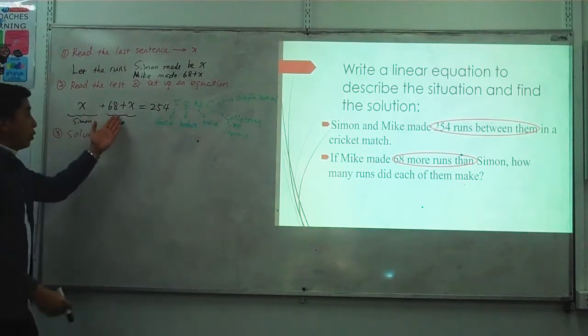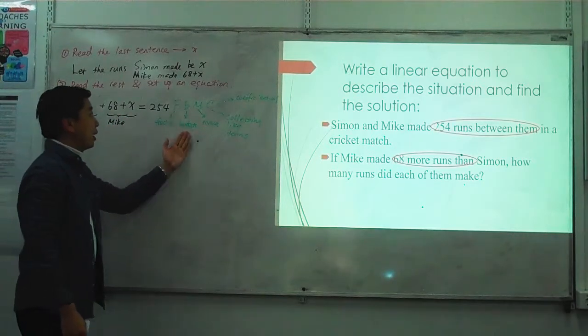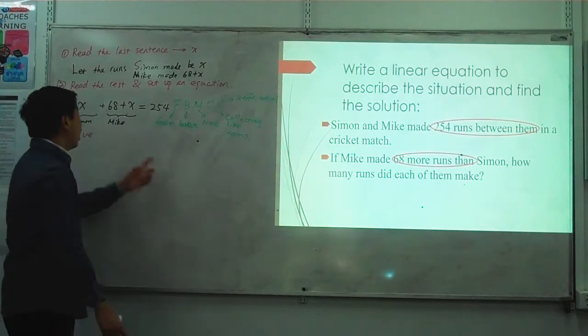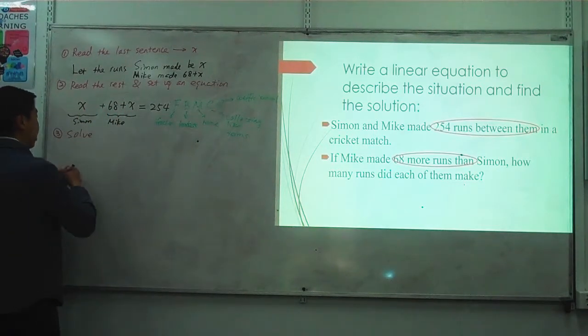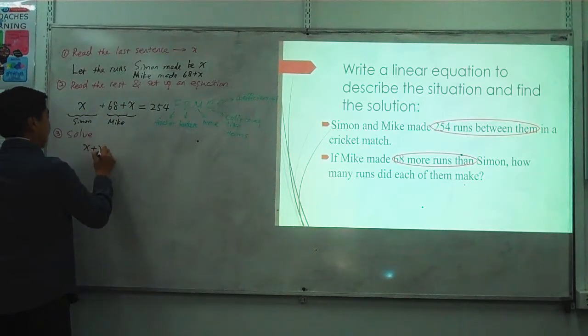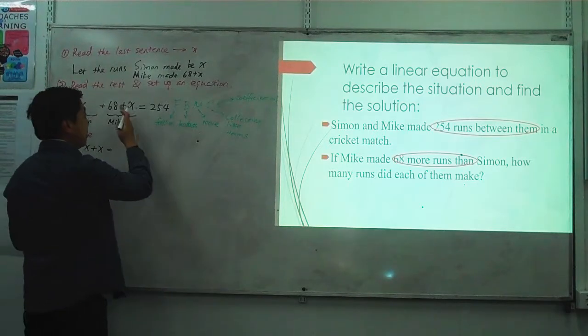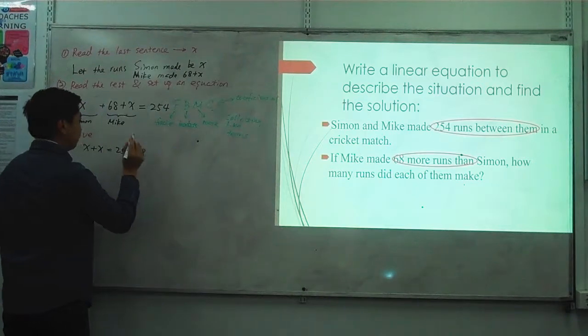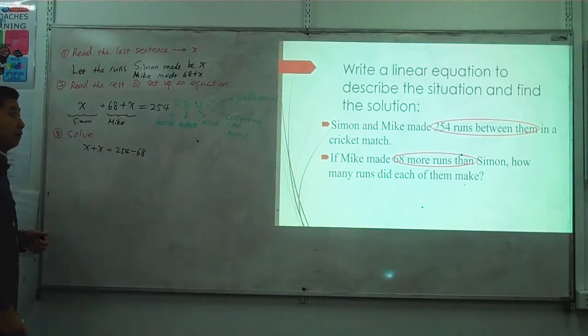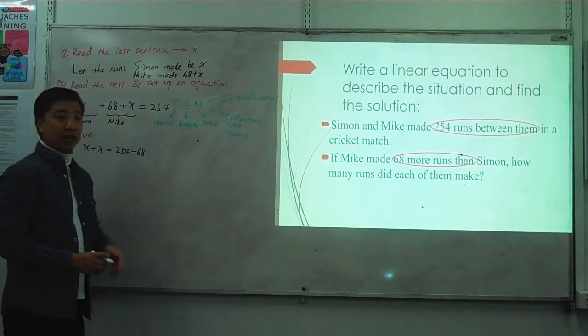Now, for this question, we don't have any fractions, we don't have brackets, so we need to move terms. When we move terms, we need to have all the x on the left-hand side. So that is x plus x. And then we move all the numbers to the right, 254 take away 68. Then we collect like terms.